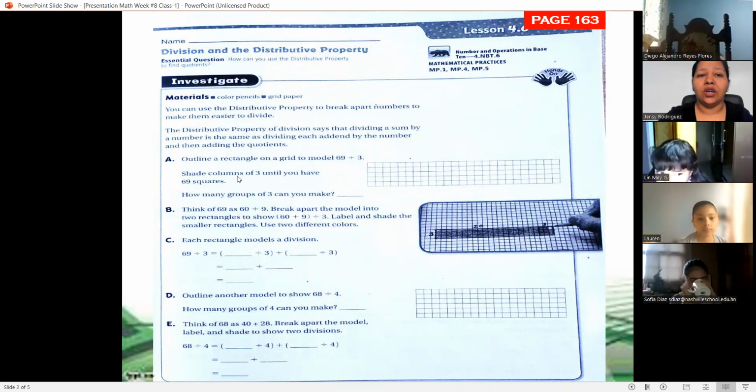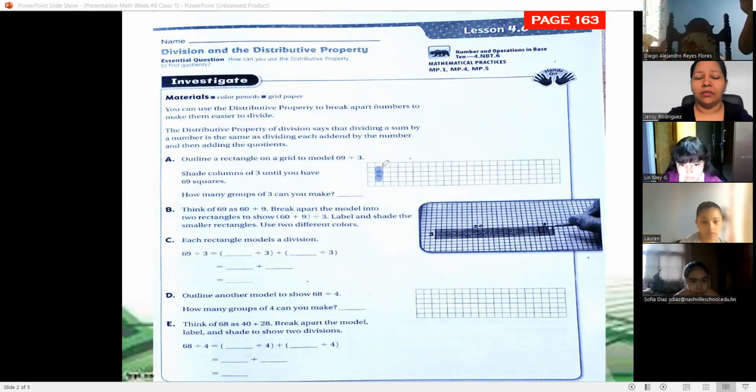So we need to take columns of 3 units. You have 69 squares, okay? So over there, it means, guys, that we need to find like 1, 2, and 3, okay? So I already found 3 squares of that, but remember that I can break apart these 69.